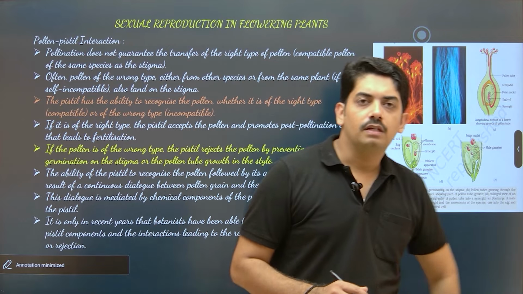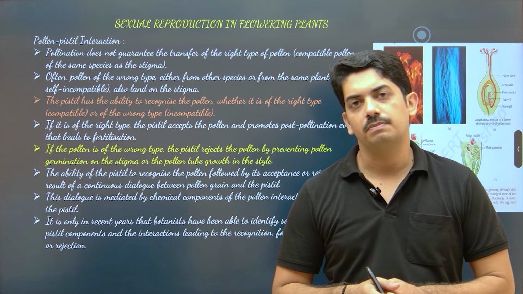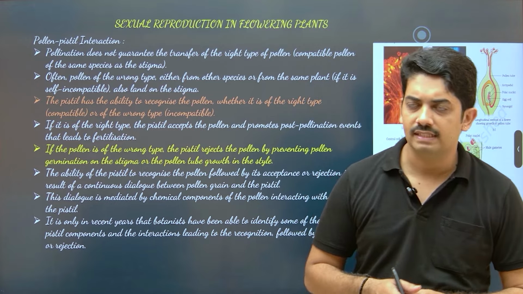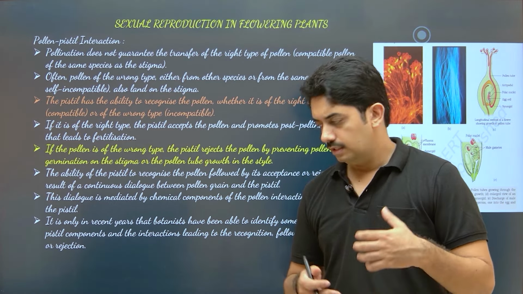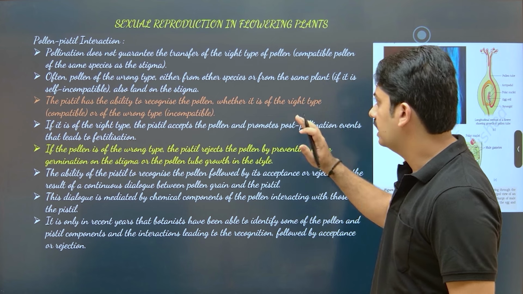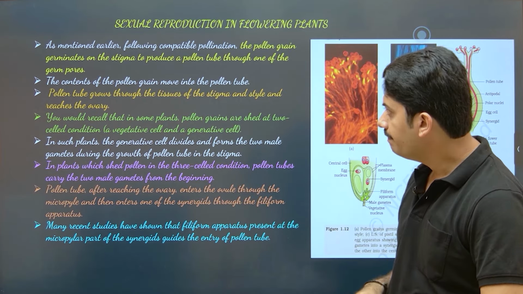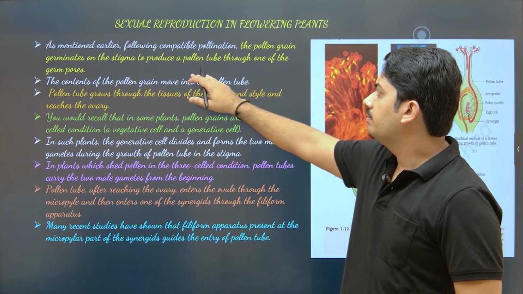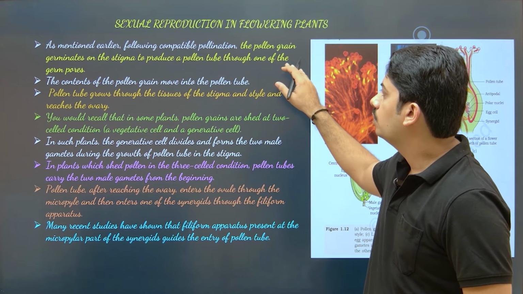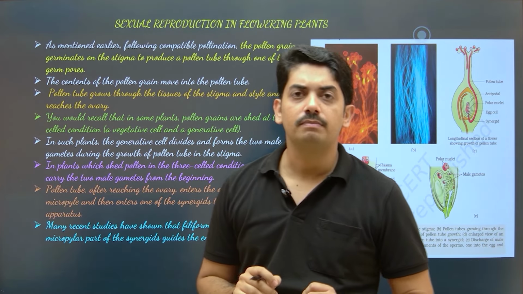So far, we tried hard to understand what type of interaction takes place between the pollen grain and the stigmatic surface. Recently, scientists have been able to find out the type of interaction taking place. The pollen grains germinate on the stigma to produce a pollen tube through one of the germ pores. One of the germ pores means what?